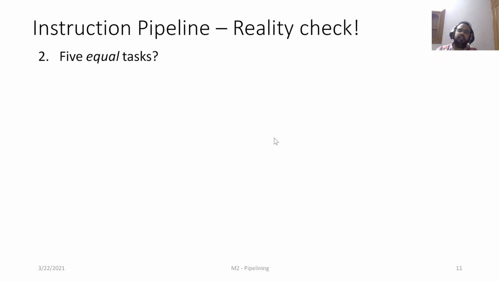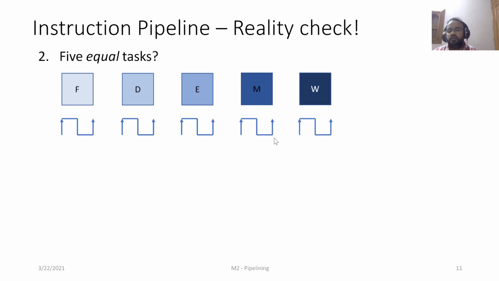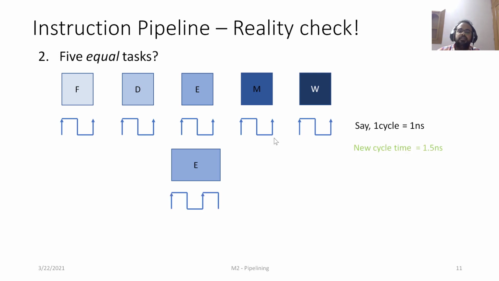Moving on, the second assumption we made was assuming that all these stages will take equal time. But we already know the internal circuits that are needed for the fetch, decode, execute, memory access, and the write back. So it's highly unlikely that they all take equal time, right? We assume that all of them might be taking 1 nanosecond, but what if the execute stage needs 1.5 nanosecond?